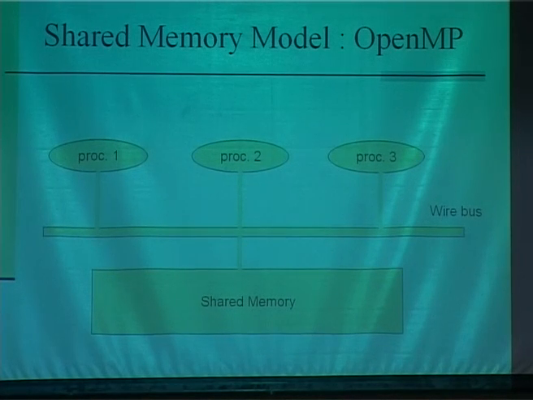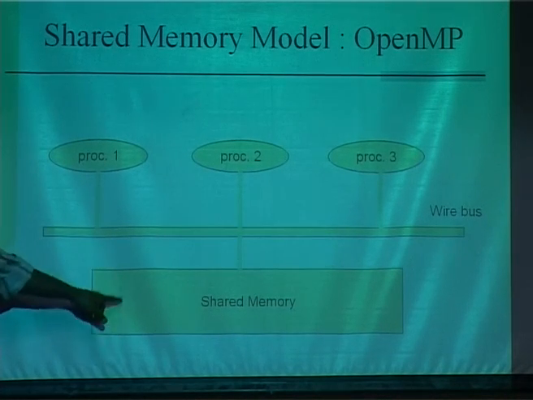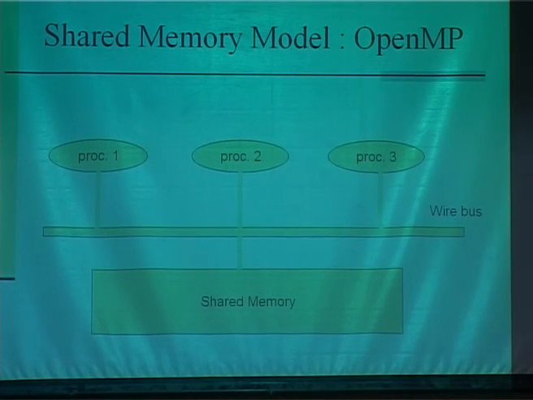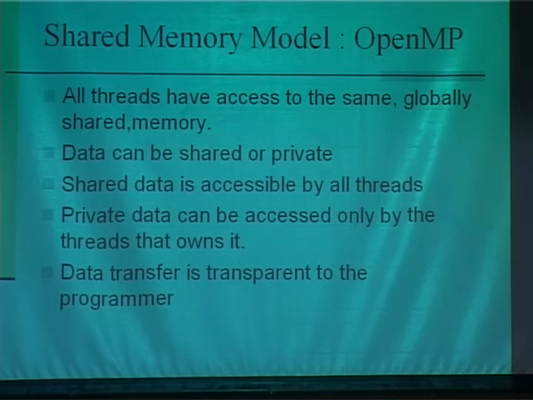And how it works, I mean, this is shared memory. Here are the processors. They can talk to shared memory through a bus, and they themselves have some cache. All threads have access to the same globally shared memory. Data can be shared or private.